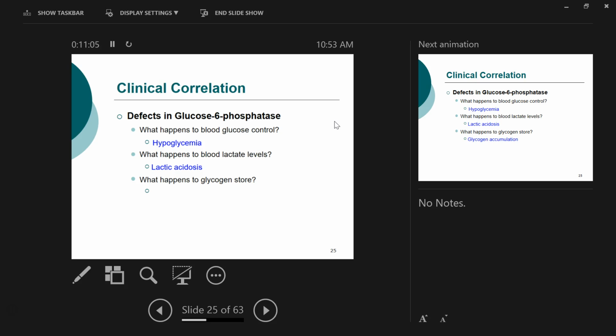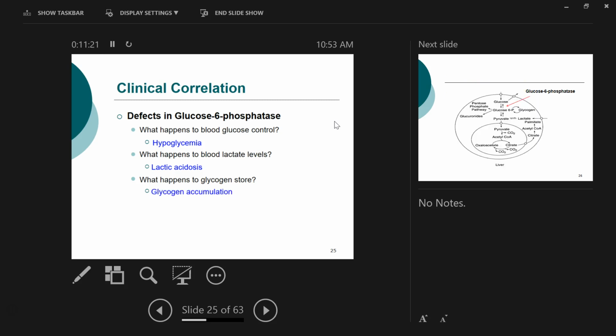Glycogen should be accumulated, and you think it accumulates, right? Yes. So can you tell us the reason why the glycogen will be accumulated in this particular patient?